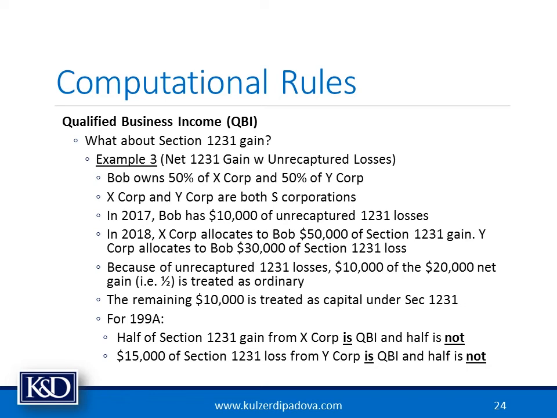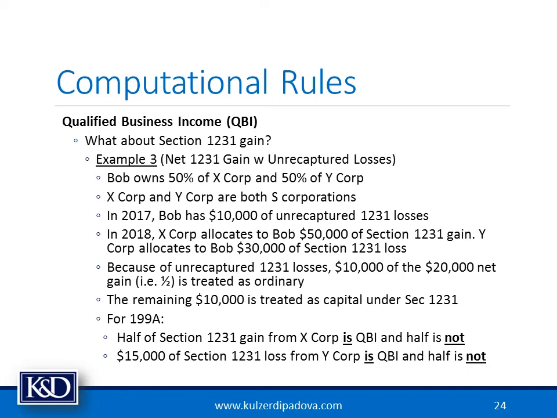The way 1231 works is, your $20,000 net gain, which would normally be treated as capital, because of the unrecaptured losses, you're going to treat half of that, $10,000 of the $20,000, as ordinary. I made the example easy here because you've got $10,000 of ordinary gain and $10,000 of capital gain, which is half and half. So for 199A purposes, you're going to take each gain, so $25,000 and $25,000 for X Corp, 15 and 15 for Y Corp, and treat half as QBI and half as not QBI.